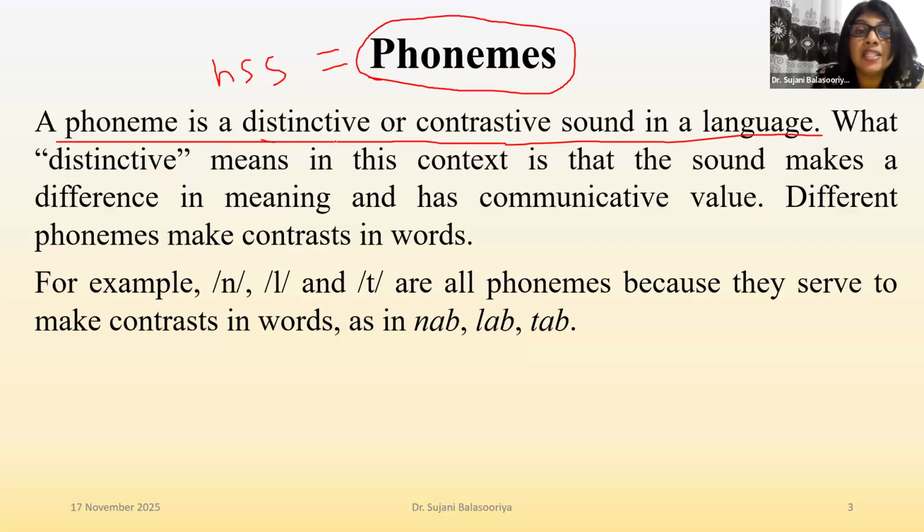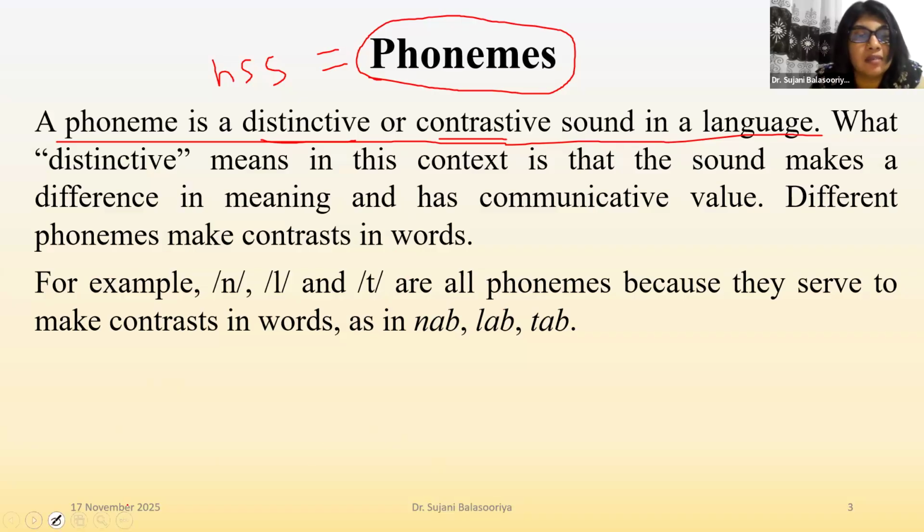Phonemes are either distinctive or contrastive. What do you mean by distinctive? Distinctive is different, simply different. The sound makes a difference in meaning and has communicative value. Okay? And different phonemes make contrast in words.